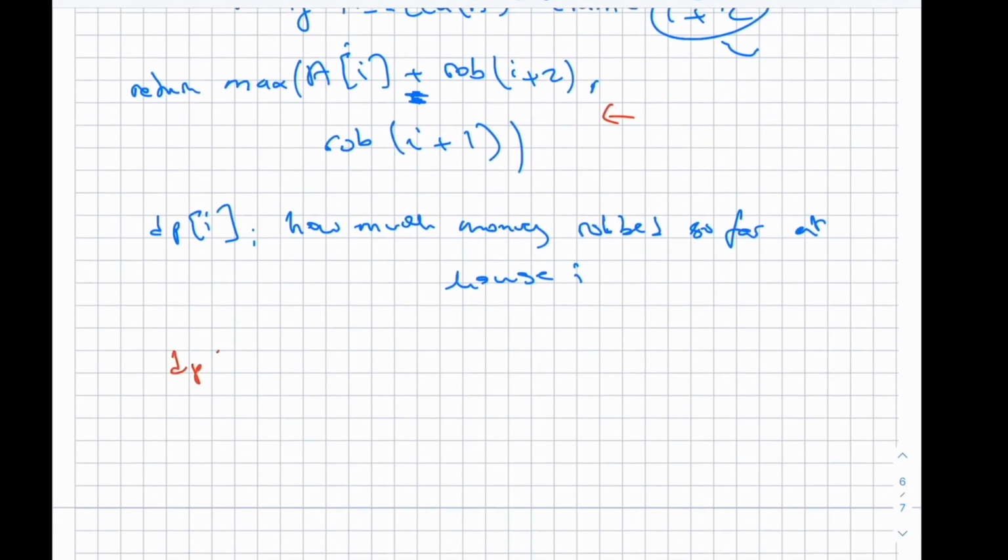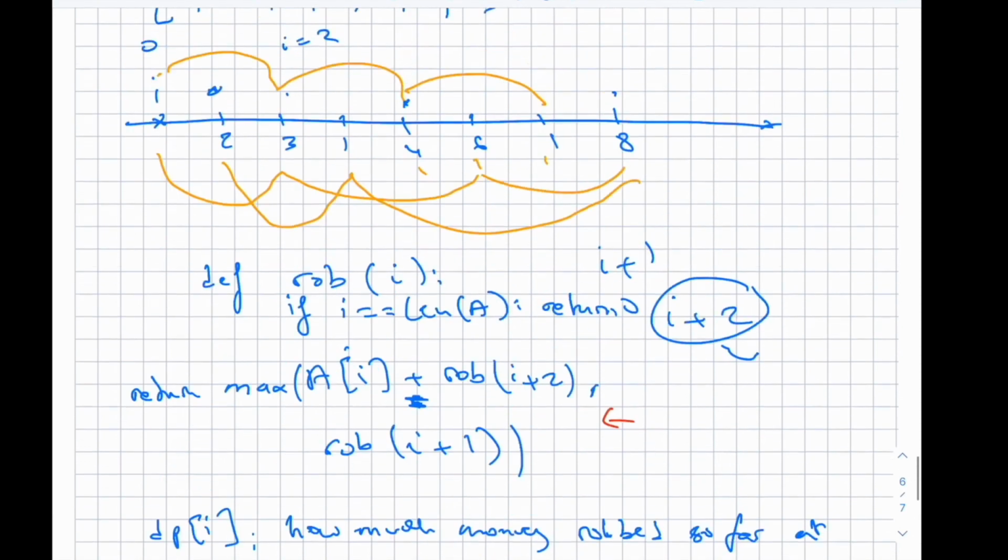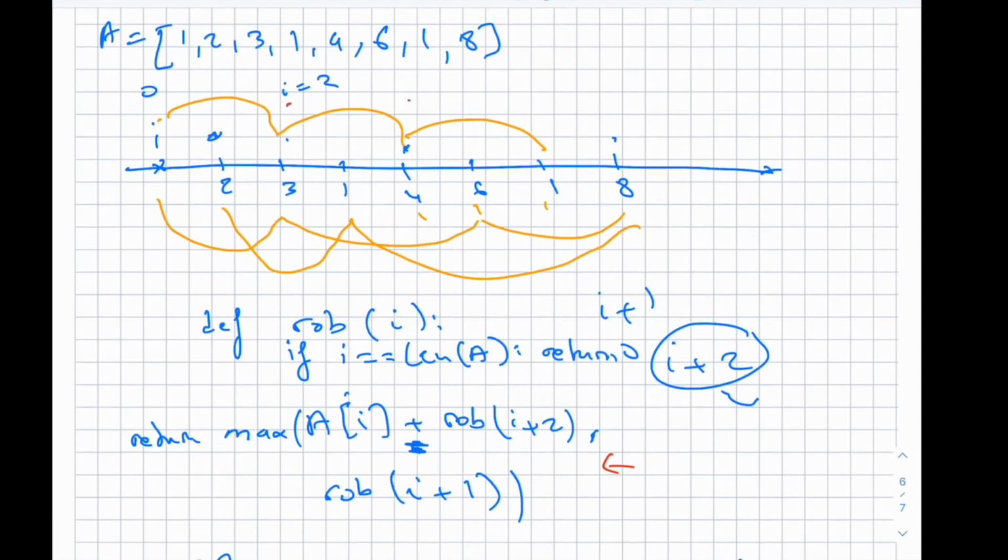So when you are at position I, right, it's either that you don't take the house at position I, and then in that case, you are allowed to take the one at position I minus 1, right? Or whatever was the max at position I minus 1, maybe we skipped I minus 1 and took the one before, right?